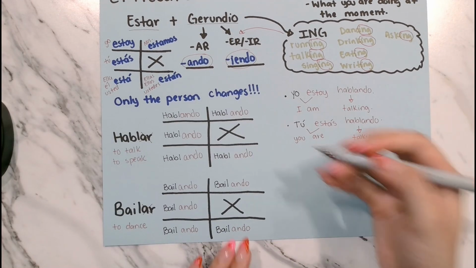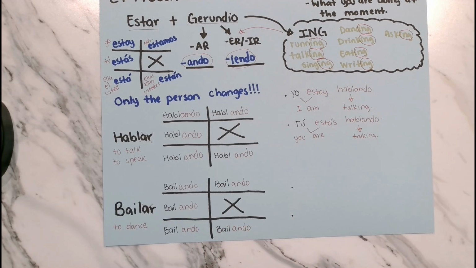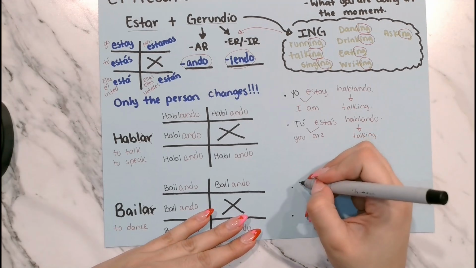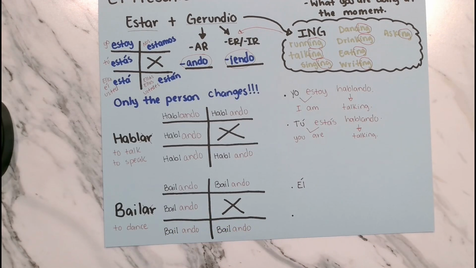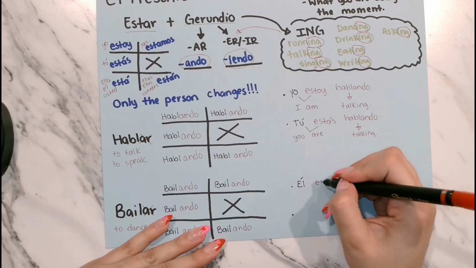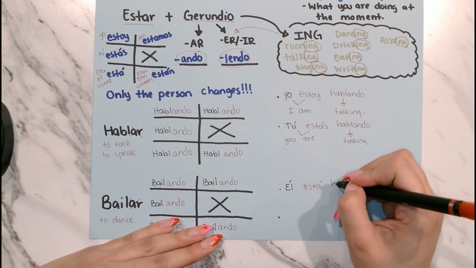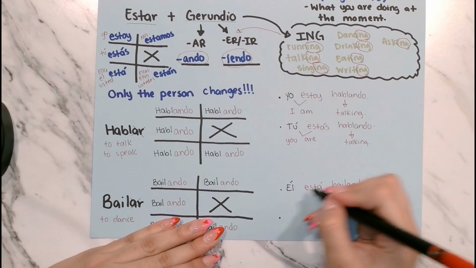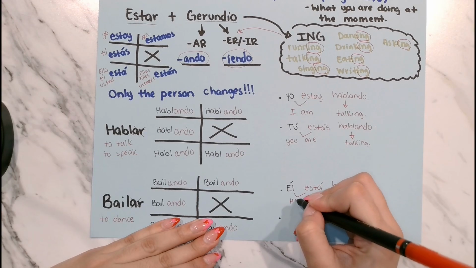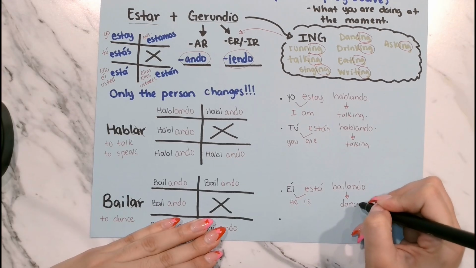Now, if we want to write sentences, let's use ella, él, usted. Tenemos él está, third person, bailando. He is dancing.